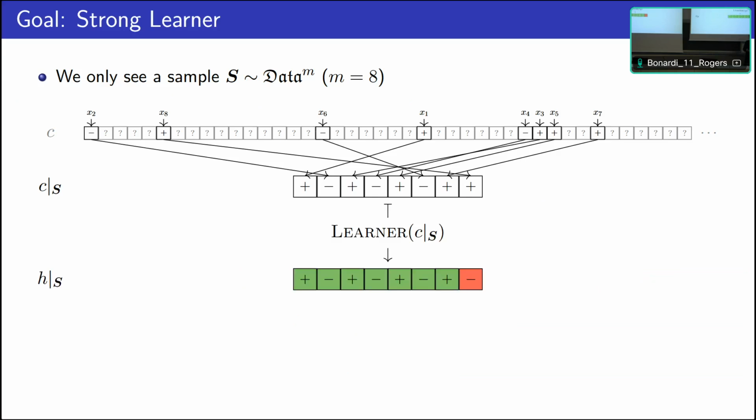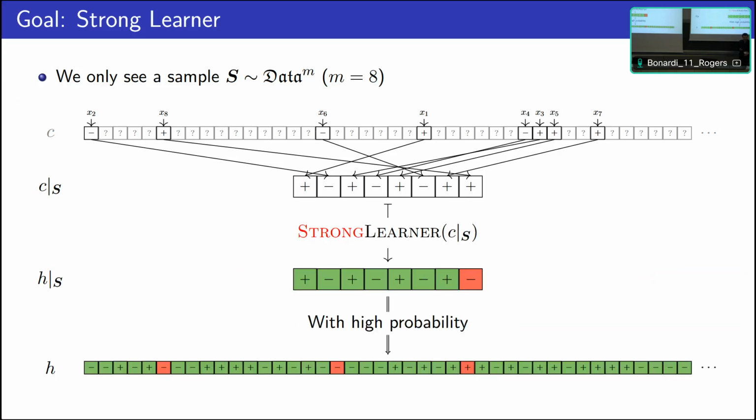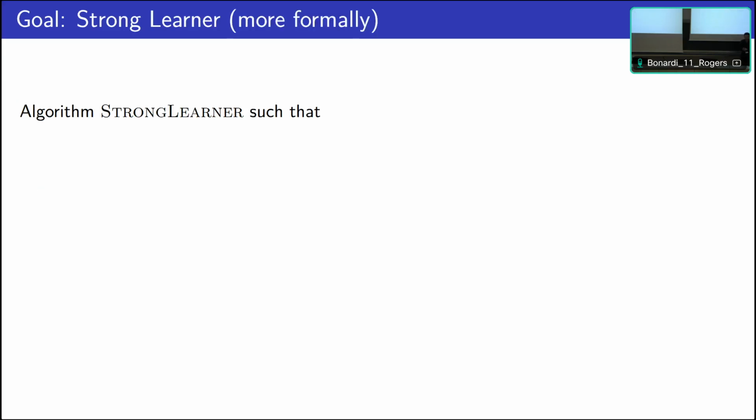So given this training data, we want a learning algorithm that produces a hypothesis that approximates C not only on the training data, but on the entire domain with high probability. More formally, a strong learner is what we've seen a few times today.